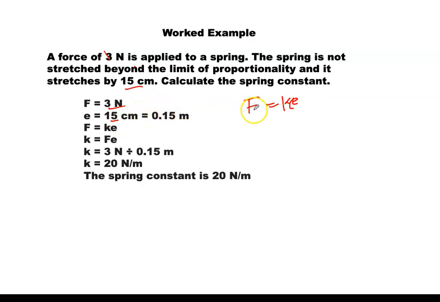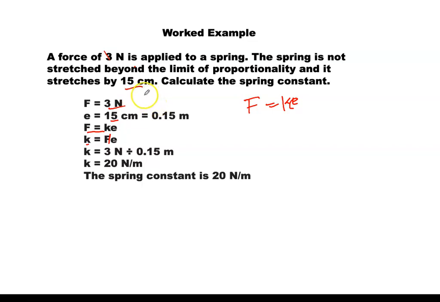Now remember that K is F divided by what? E. So we know that from the parent equation F equals K E, and therefore K is F divided by E. K would therefore be 3 newtons, the force, divided by the extension. Remember, we were given the extension as 15 centimeters. That has to be converted to the right SI unit, which is meters.